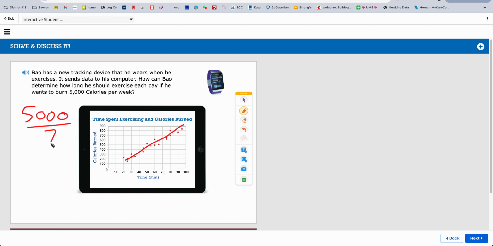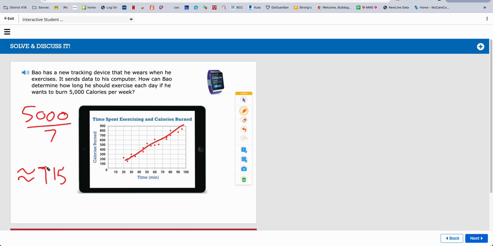It's going to be a little over 700. 7 times 700 would be 4,900, right? So 5,000 divided by 7 is 714.29. So we want to look at approximately 715 calories per day, right? Yes, about 715 calories.